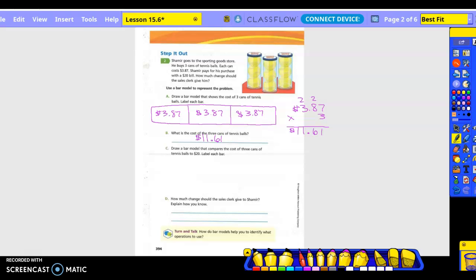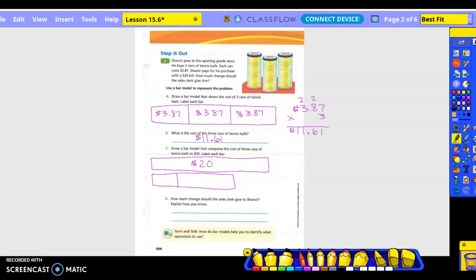Draw a bar model that compares the cost of the 3 cans of tennis balls to $20. Label each bar. So, paid with a what? A $20 bill. He bought 3 cans. So is it going to be as long as the $20 bill? No. Okay.